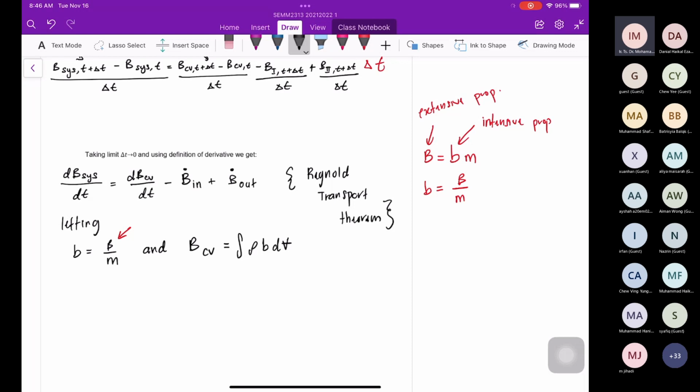So rho dV is basically equal to dm, because rho equals mass over volume. If you multiply, you get rho V equal to mass. The density is constant, the change is in volume and mass. So that is why rho dV equals dm.